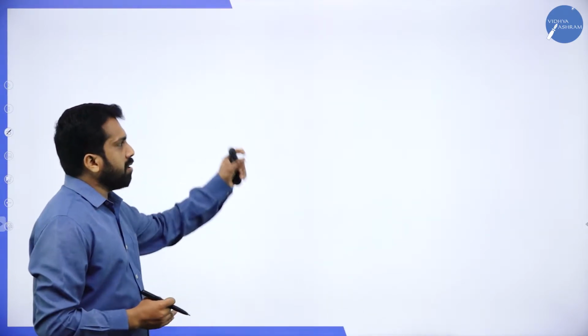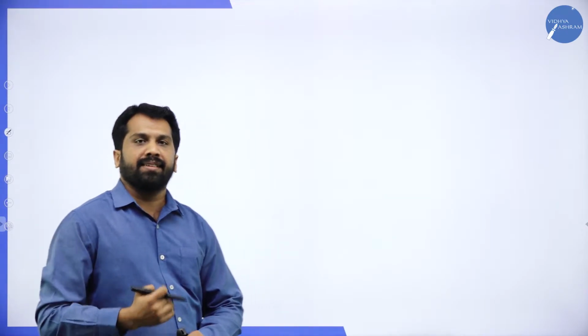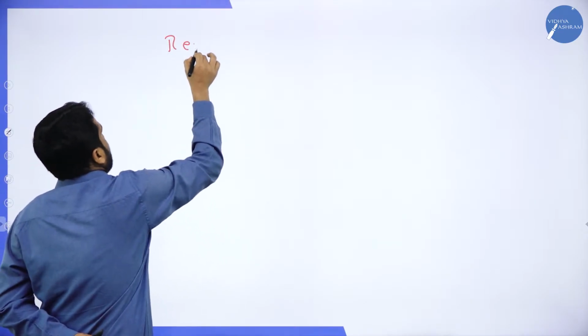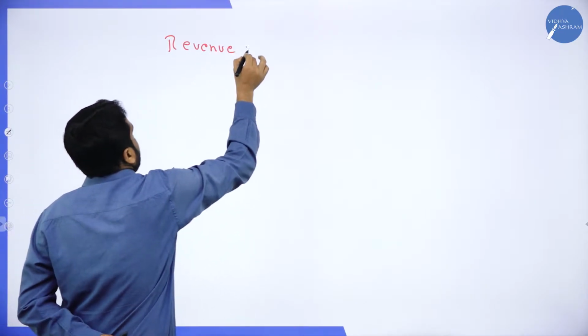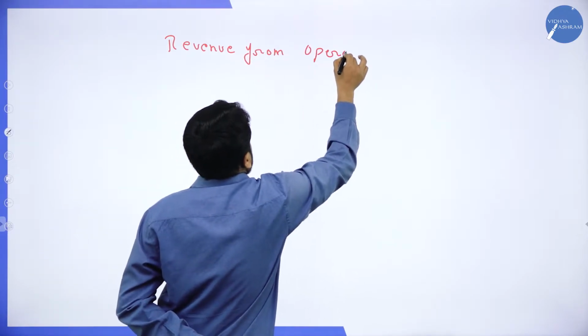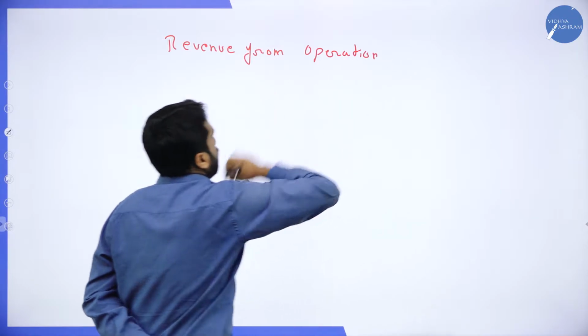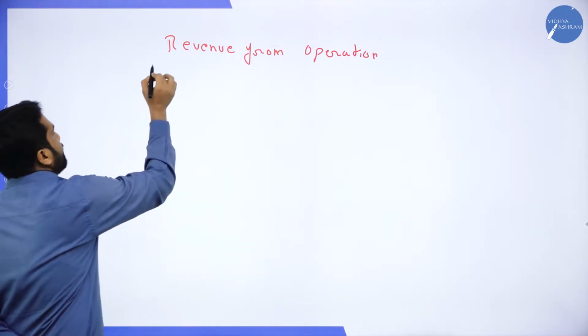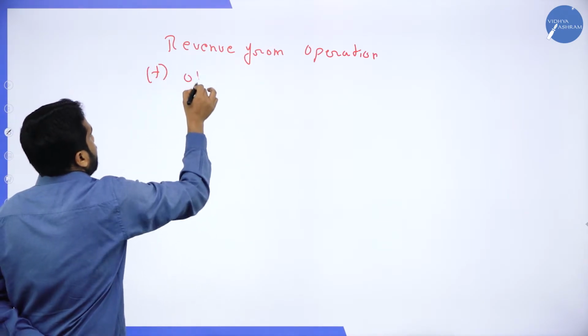Before we go to the problem, let us have a small revision on the format of analysis of profit and loss account. First one, revenue from operation. This is the first thing. Add other income.